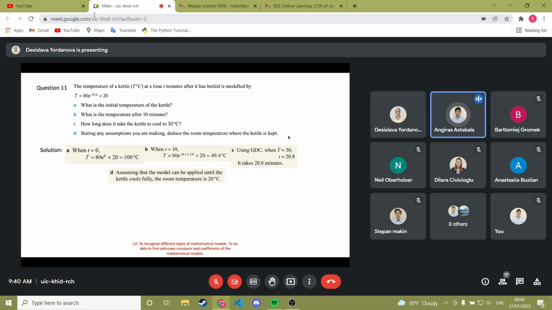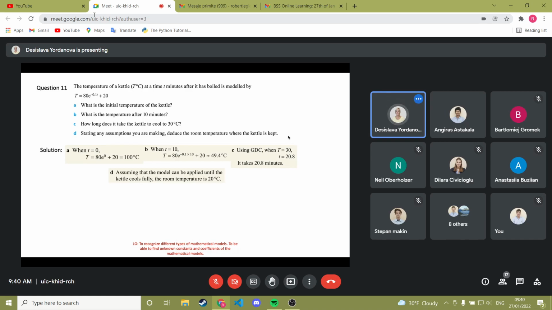Wait, miss, could you run that over again? I didn't understand. Why is it the y-intercept, the room temperature? The room temperature, at first we are assuming that it cannot go below the room temperature. And if you leave it infinite time like that, it will reach the room temperature. Okay. And this is when t goes to infinity, approaches infinity.